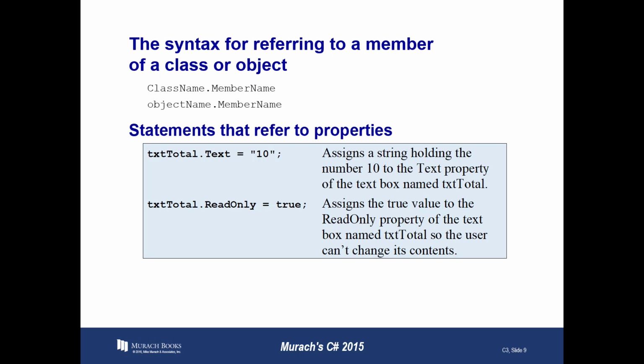All right? So this is how we'll refer to something. The name of an object, like txt total, dot, the name of a property, like text, equals, and a value. This says assign a value, the string 10, to the control called txt total, assign that to its text property.